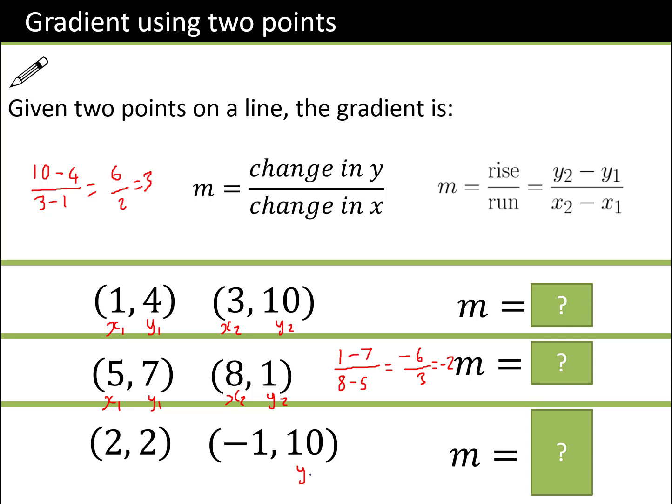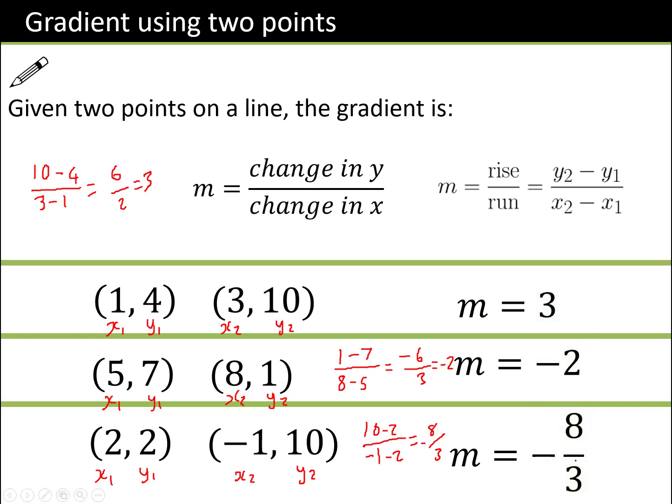And one more example for you, y2, y1, x2, x1. When you get really good at this, you don't even need to use a formula. You can do this mentally, but it's good to write this down for method marks in the exam. Now you've got minus 1, minus 2, so you get 8 over minus 3, so that turns that fraction negative. And those are the answers.